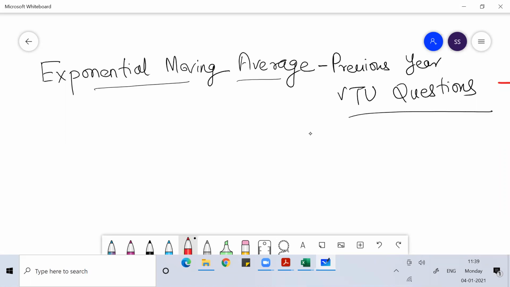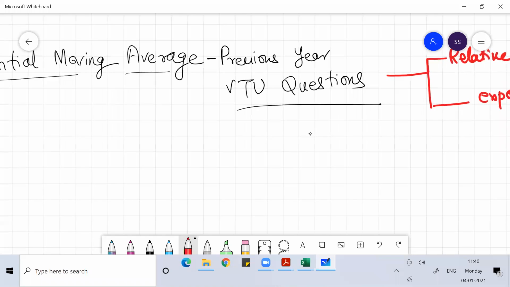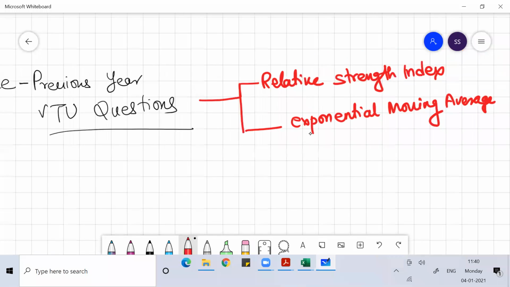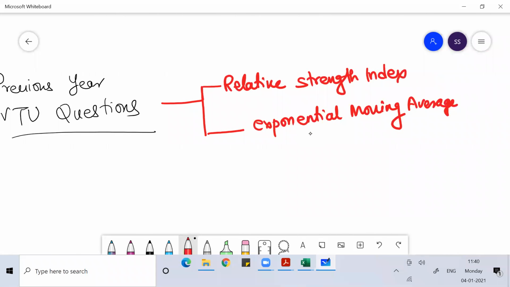Going further, from the VTU exam perspective for the subject called investment management, VTU asks questions either based on RSI, relative strength index, or based on exponential moving average. RSI only considers the closing price of the stock, and based upon it we calculate the RSI value between 0 to 100.